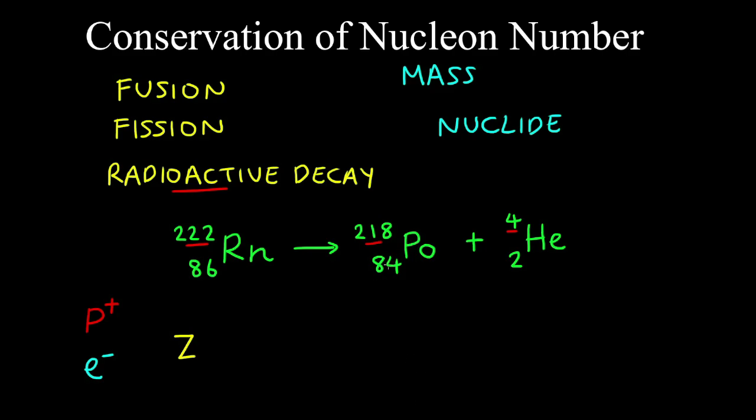So by the conservation of charge, we see that the number of protons in the polonium nucleus plus the number of protons in the helium nucleus is equal to the number of protons of radon. So both mass and charge are conserved in a nuclear reaction.